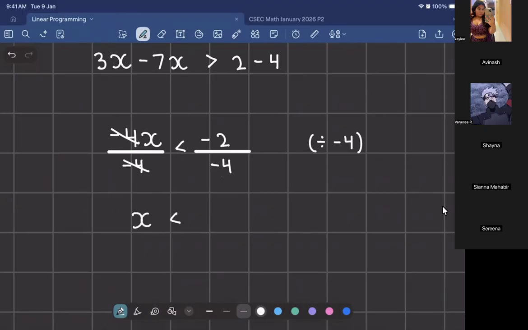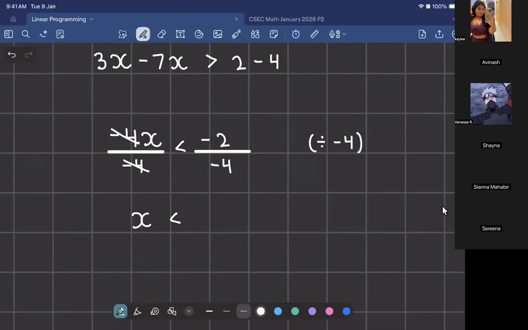What is negative 2 divided by negative 4? Negative 2. Wait, positive 2? Not quite. So first things first, what's a negative divided by a negative? Is it a positive?